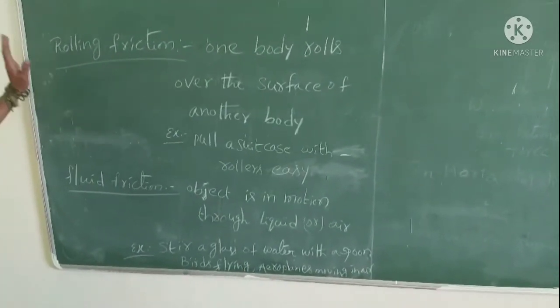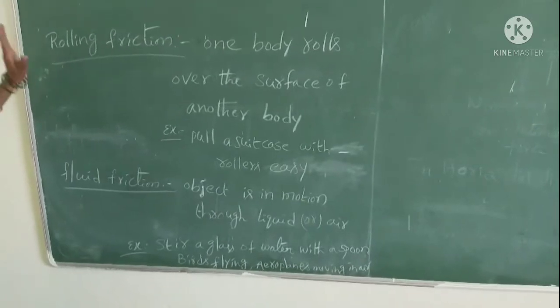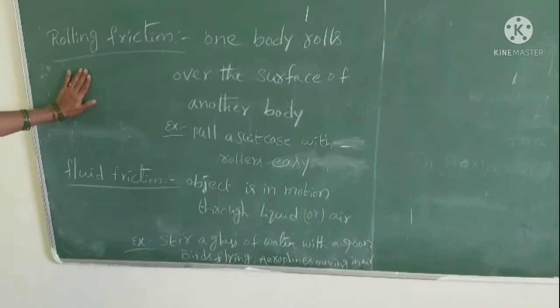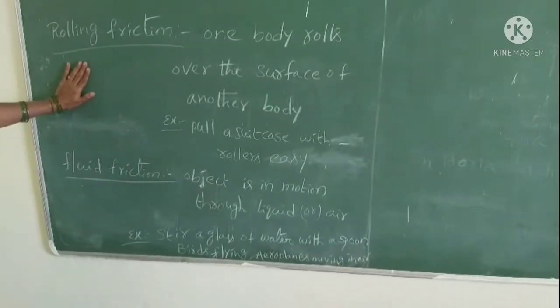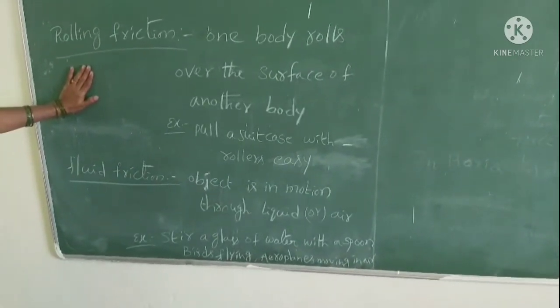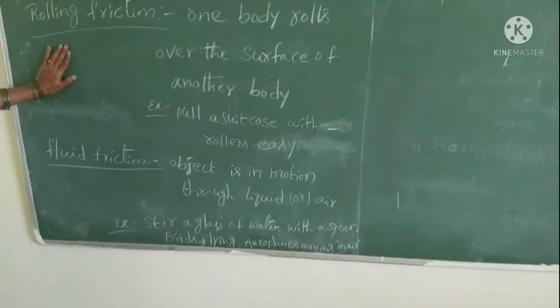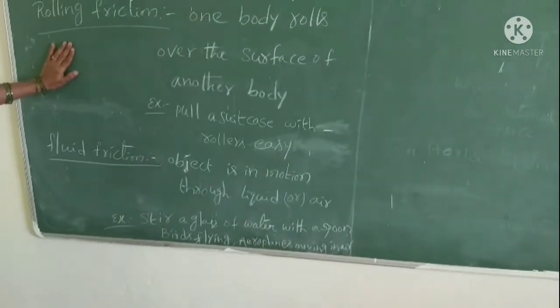Rolling friction reduces the friction, and the object moves freely on another surface.